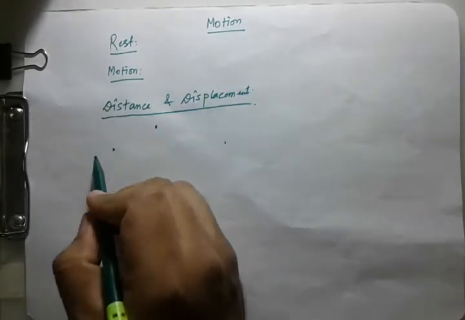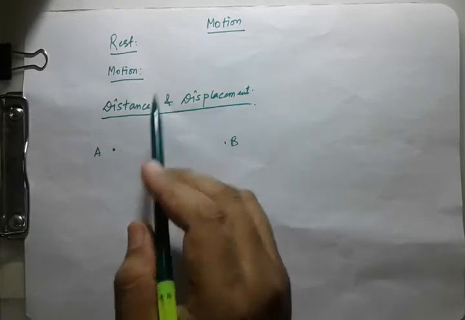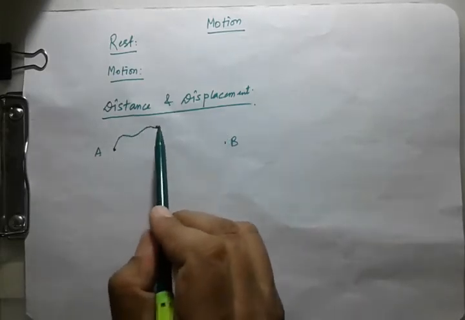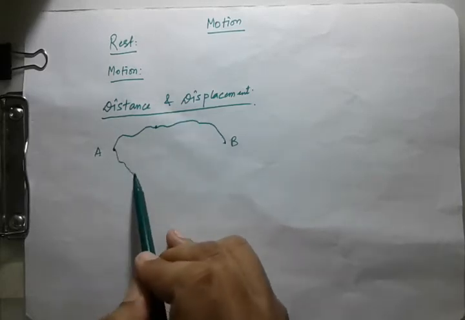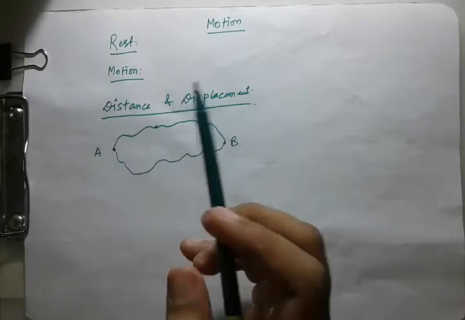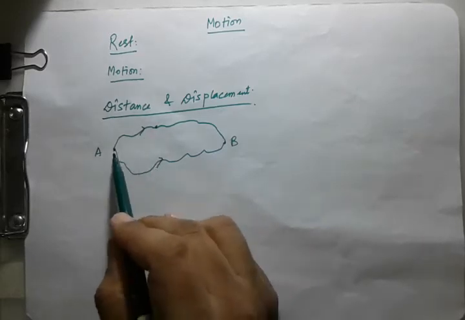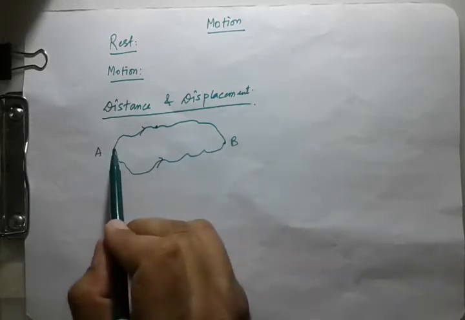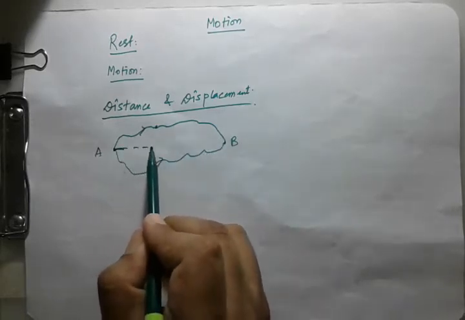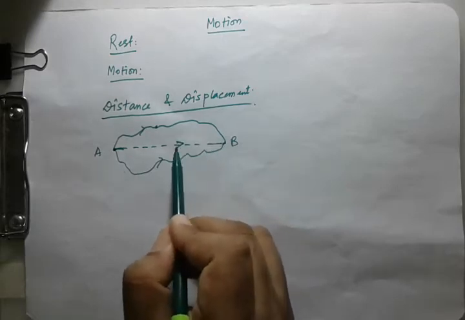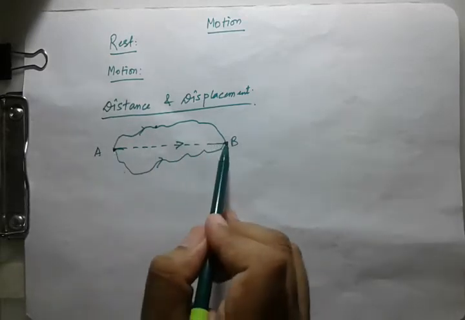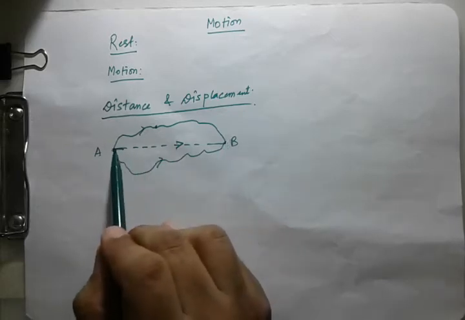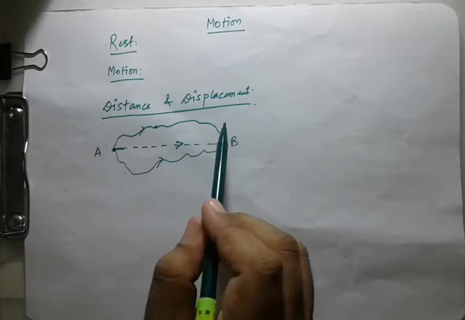Suppose there are two points, A and B. Now distance means you can start from A and go to B in several ways. You can go this way, you can go that way, whatever path you like. The path you covered is called the distance. But in case of displacement, you have to go straight in this direction, in this path. That means the shortest distance between A and B is known as the displacement. So the displacement path will be only one, but the distance path could be anything.